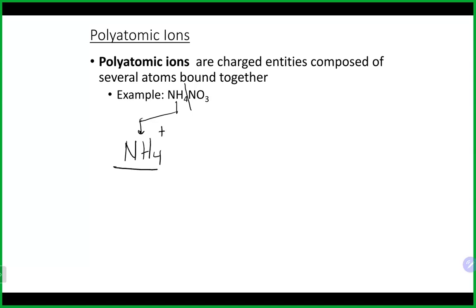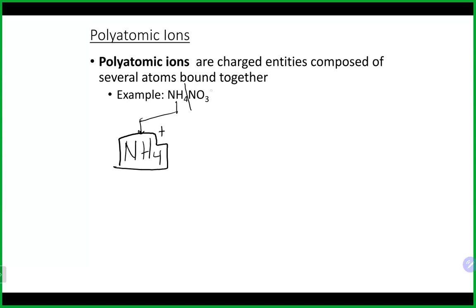So that one nitrogen and those 4 hydrogens are bonded together through sharing of electrons, which means they will never, ever break apart into individual things. They will move around as a group. Wherever it goes, they will all go together. And all together, all 5 of those things, the 1 nitrogen and 4 hydrogens, has a +1 charge overall. So it makes it an ion because overall it has a charge. And once again, we never break up the nitrogen and hydrogens. They'll just move around as one unit.